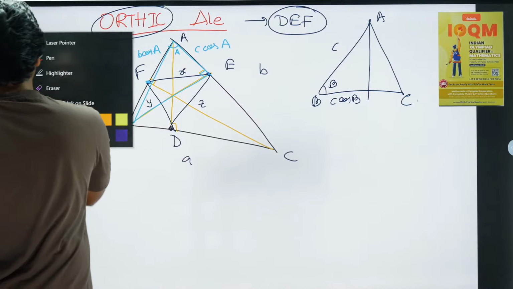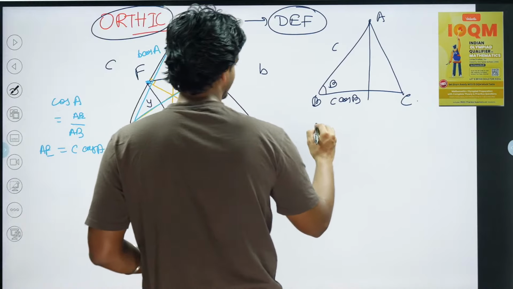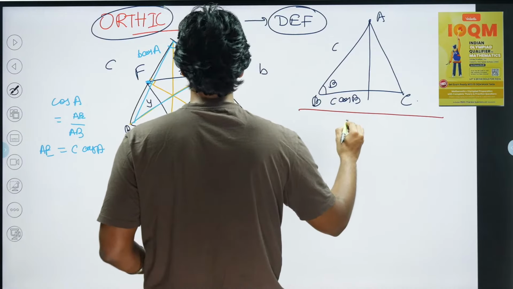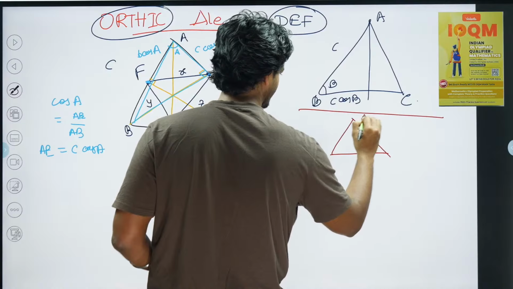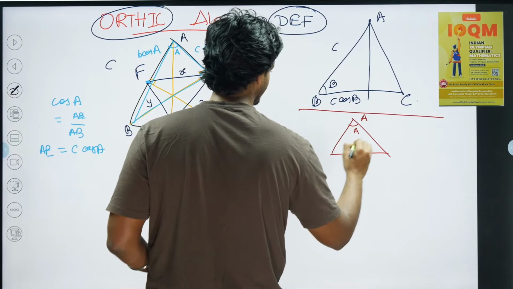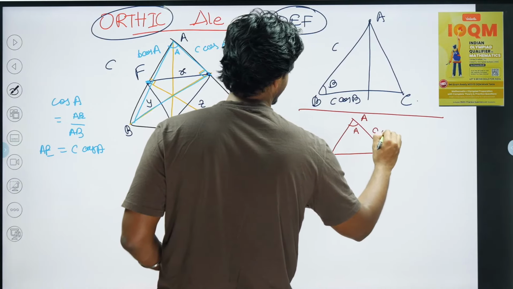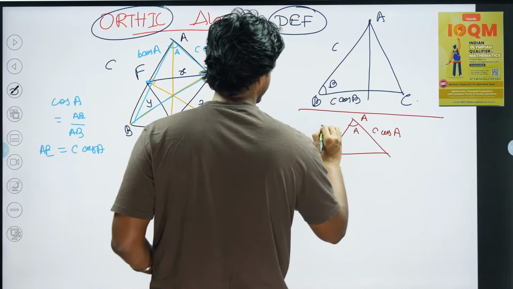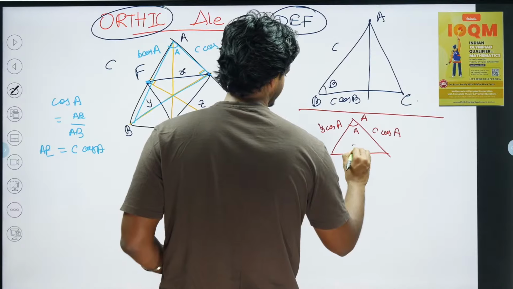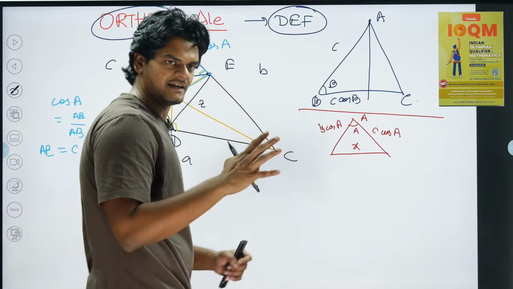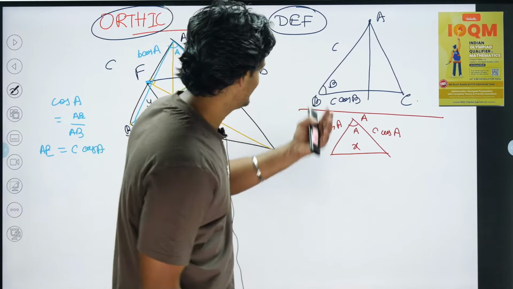Now, we see something very interesting, that in triangle AFE, this is angle A, this is c cos A, this is b cos A, and this is X. I can apply the cosine rule.